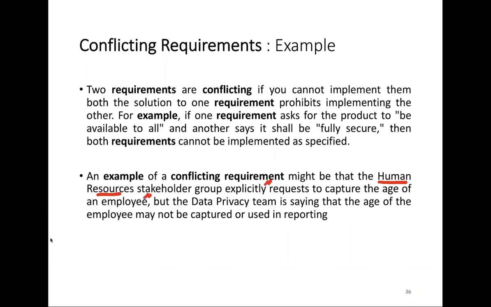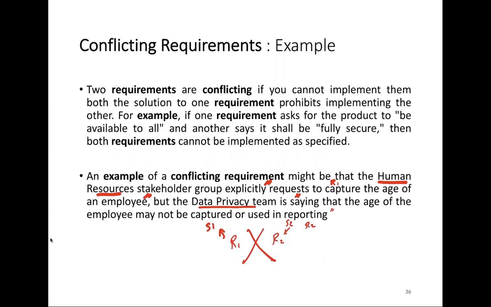So this is requirement one from stakeholder human resource. And then we have another stakeholder, the data privacy team, who said the age of the employee may not be captured or used in reporting. So this is requirement two. Now you can see requirement one from stakeholder one and requirement two from stakeholder two. They are conflicting or contradicting.